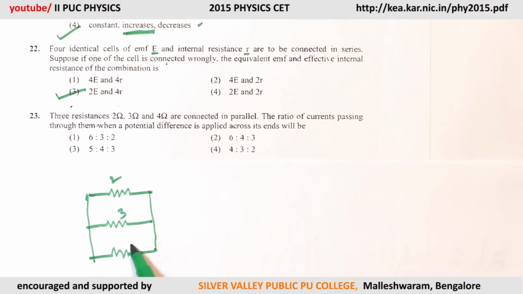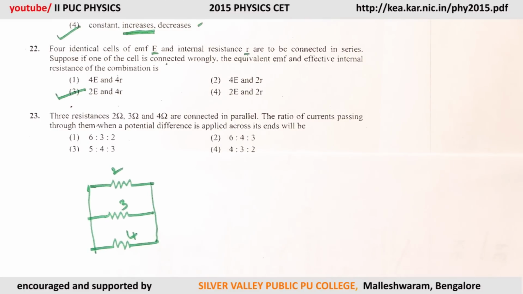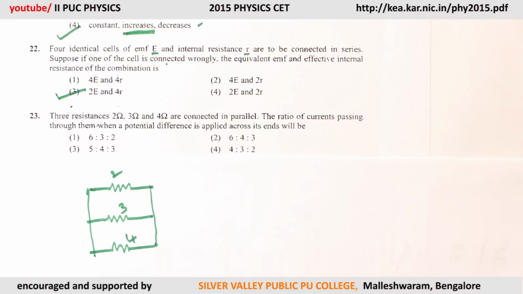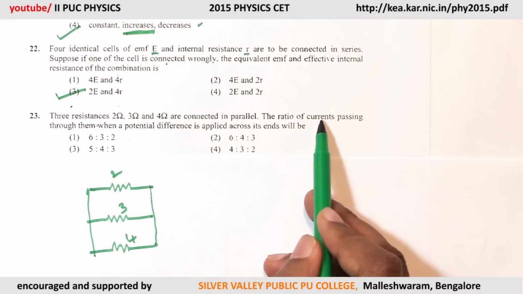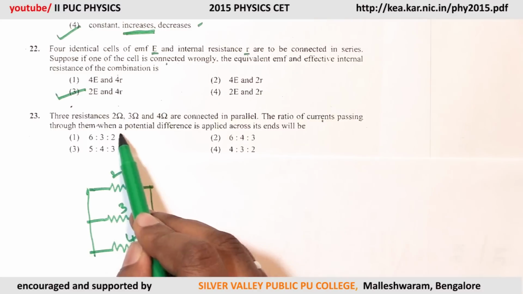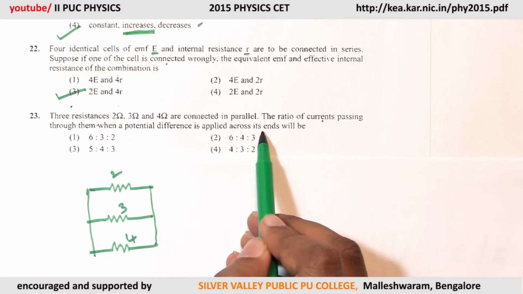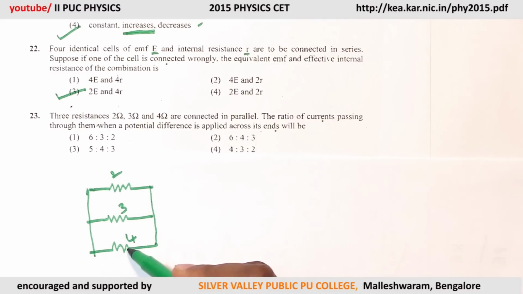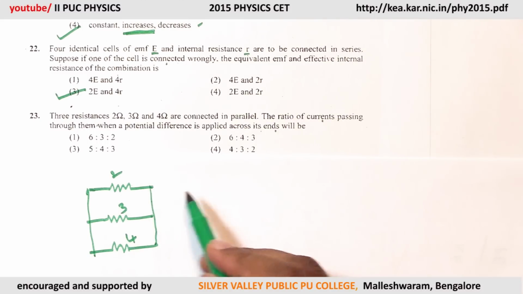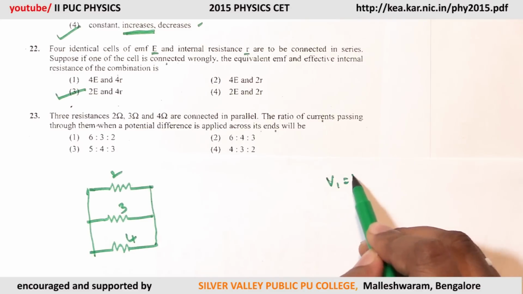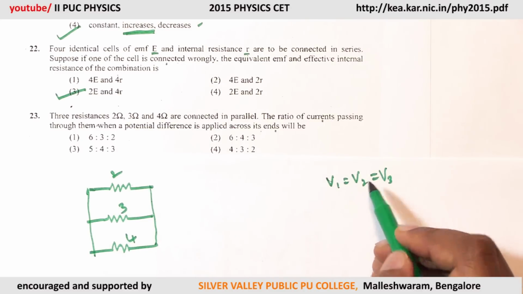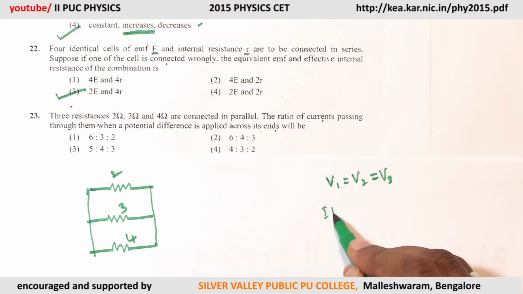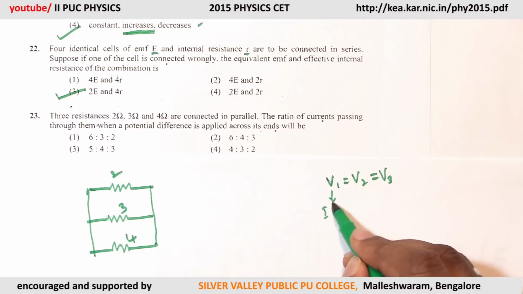The ratio of currents passing through them when a potential difference is applied across its ends will be. Resistors are said to be connected in parallel if the potential difference is the same. So V1 equals V2 equals V3. And potential difference is current into resistance, isn't it?